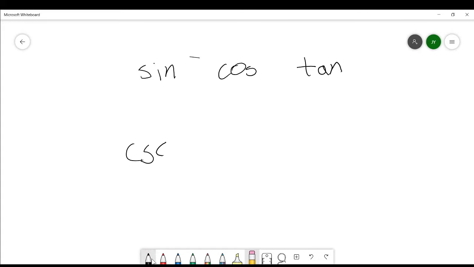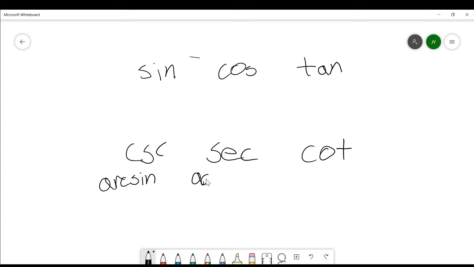Sorry about that. Then we have secant here, then cotangent here. And these can also be written as arcsine, arc tan.